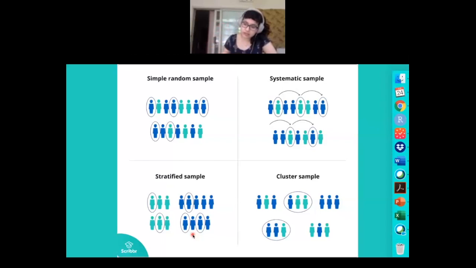You're going to make sure that your sample is representative. So in stratified samples, you are ensuring that your sample is representative and is also randomly selected, which is very common in social science research.